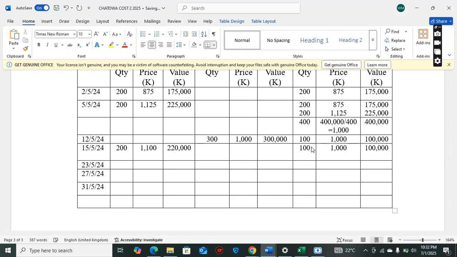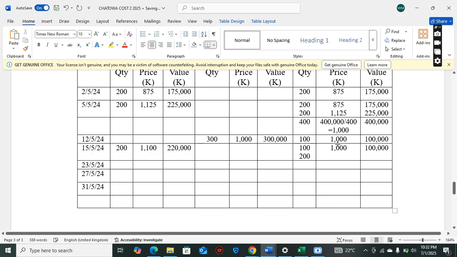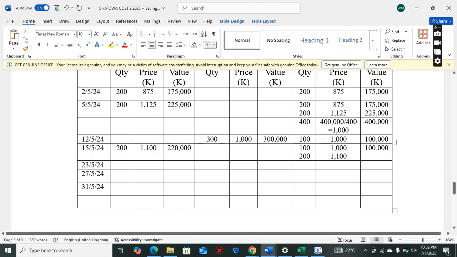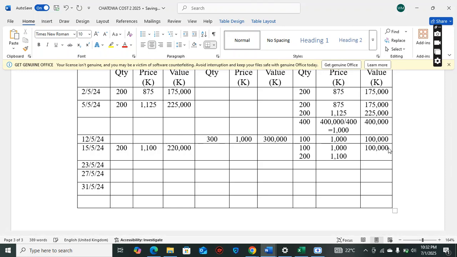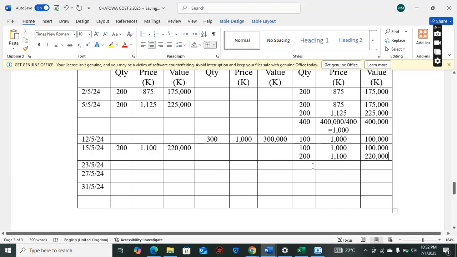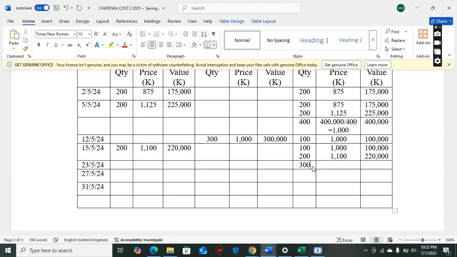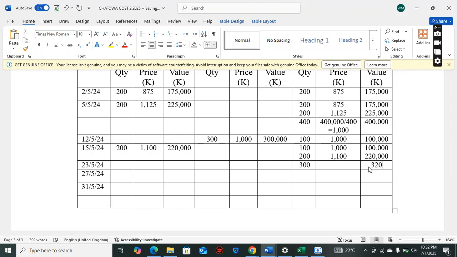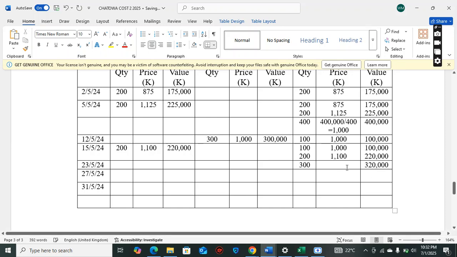We brought in 200 solar panels valued at 1,100. We want to find out the average cost. The total number of solar panels we have is 300. The total value, 100,000 plus 220,000, is 320,000.